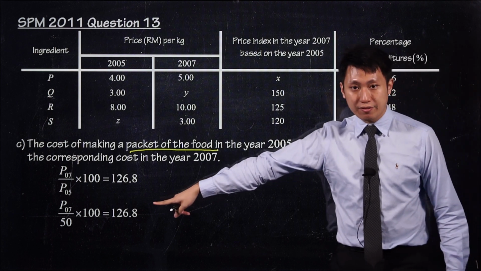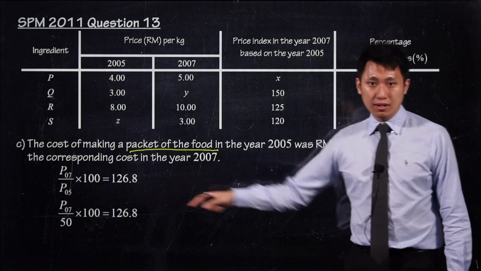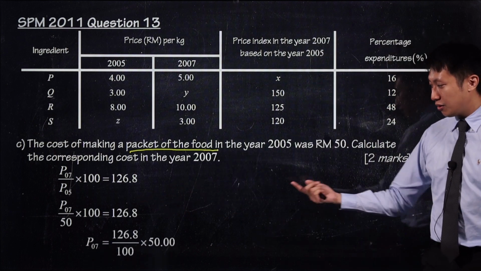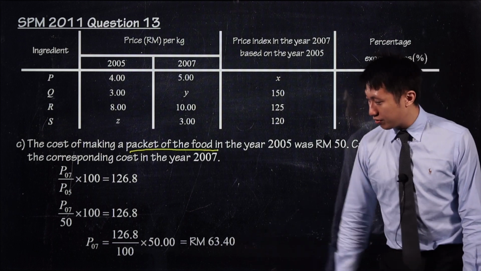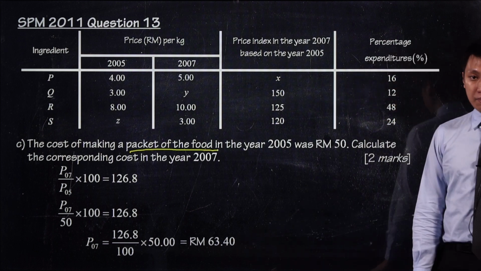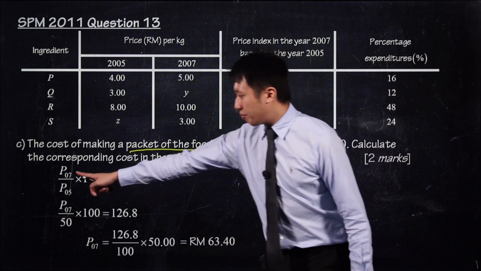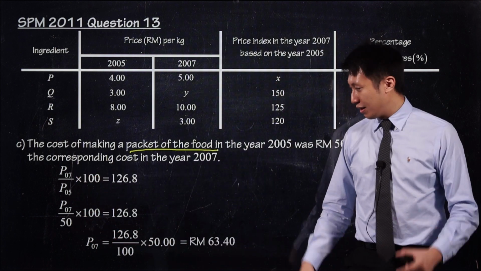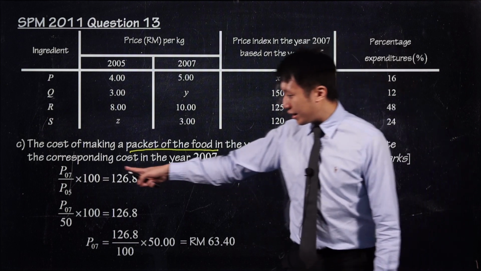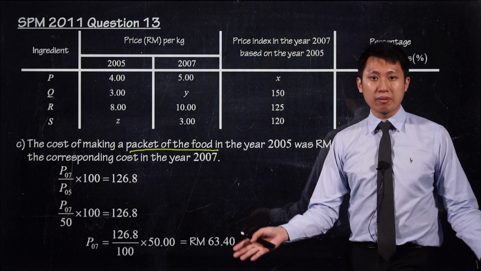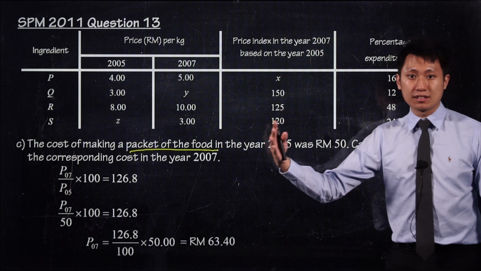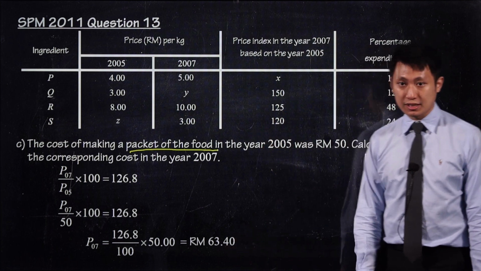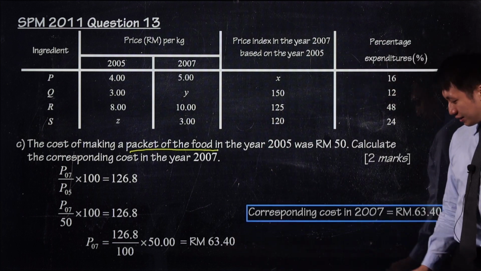So you fill in that one, then you can easily get the answer, which is 63.40. Does it make sense? Again, top is something, bottom is the price in the base year, 50. 50 to 63, then you get the answer 126.8. Yes, it makes sense, because the price increases. So you have 63.4.